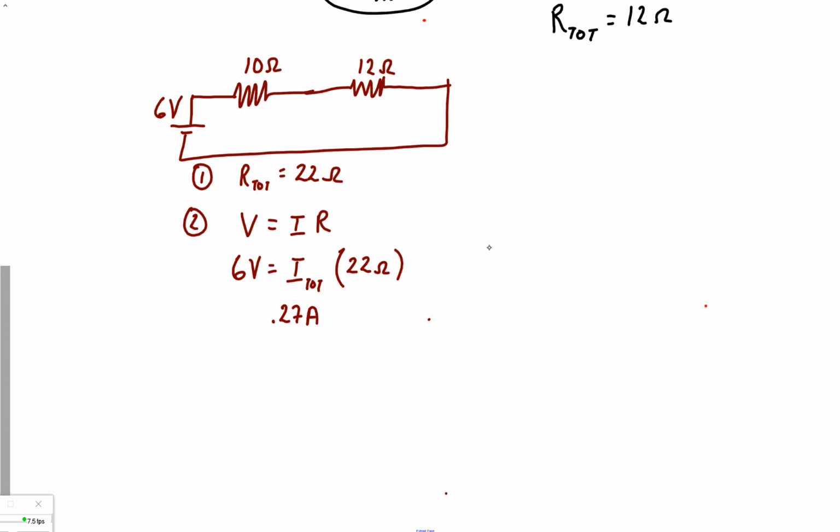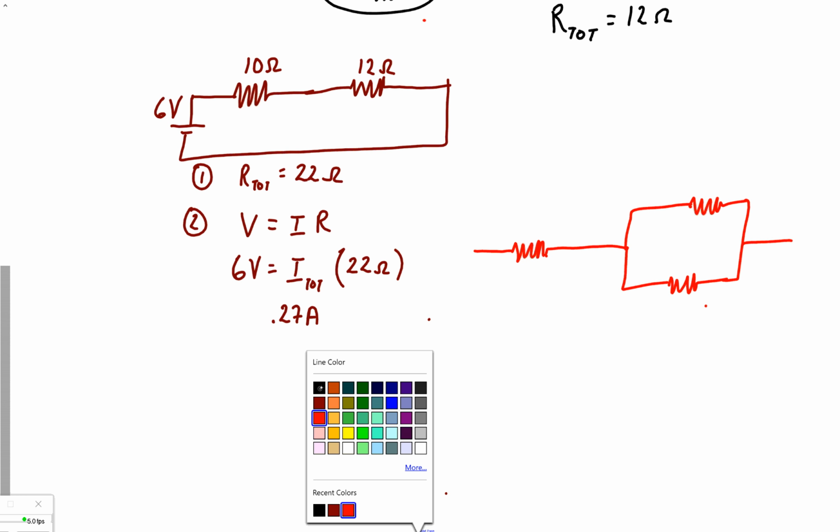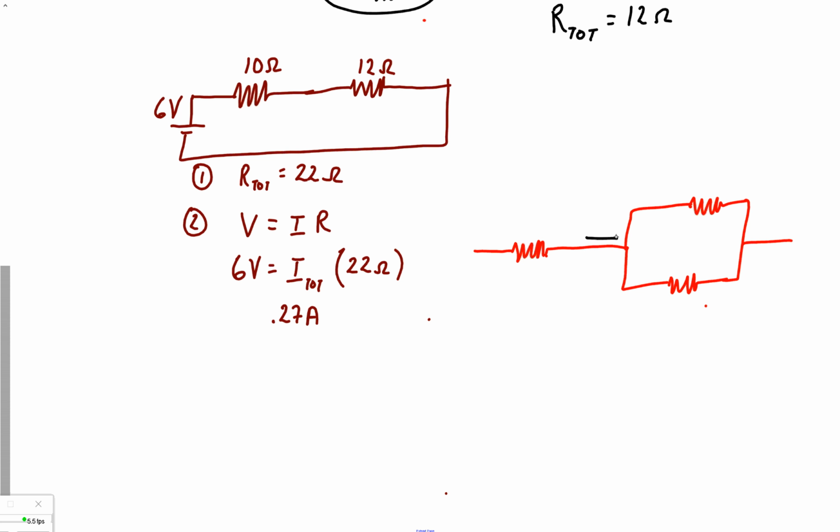All right. So we were looking a second ago, and we had this basic circuit that we had a resistor, and then we've got these other two split like this, right? And what we talked about is that we knew going into that junction there was what? 0.27 amps going into that junction.